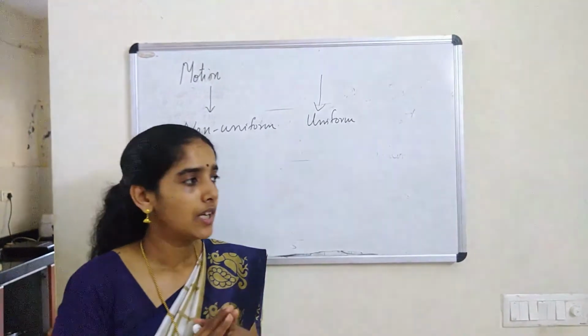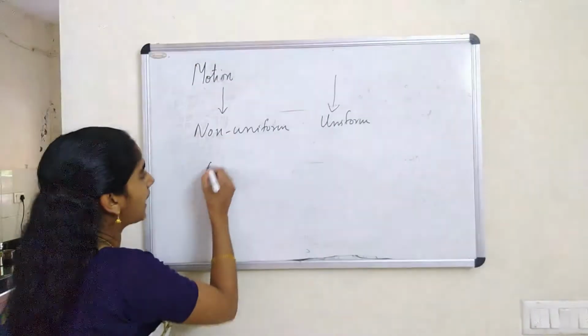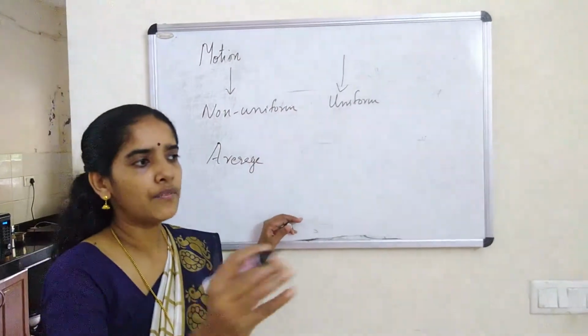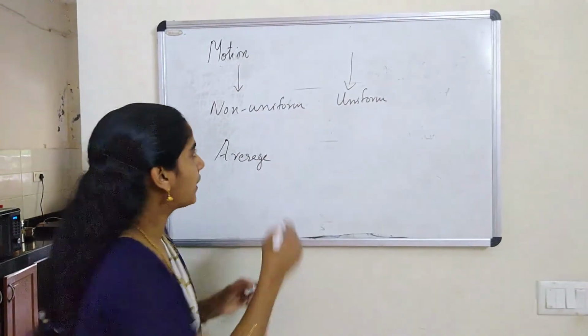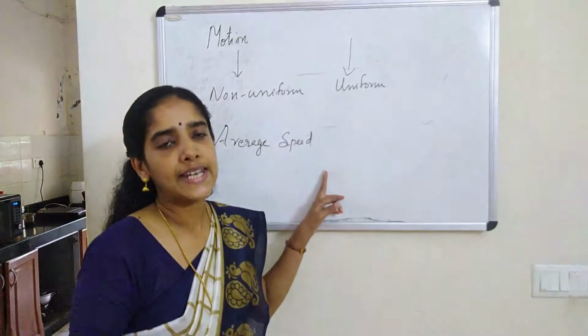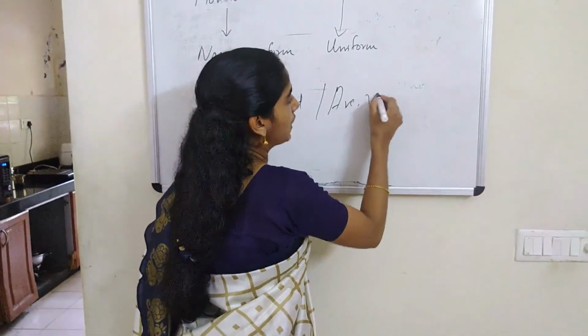We are not clear. In such situations, we introduced another quantity, which we call average speed. We also know that when we are not sure about something, we take the average of it. So here also, whenever we talk about uniform motion, instead of saying speed or velocity, we say average speed or average velocity.